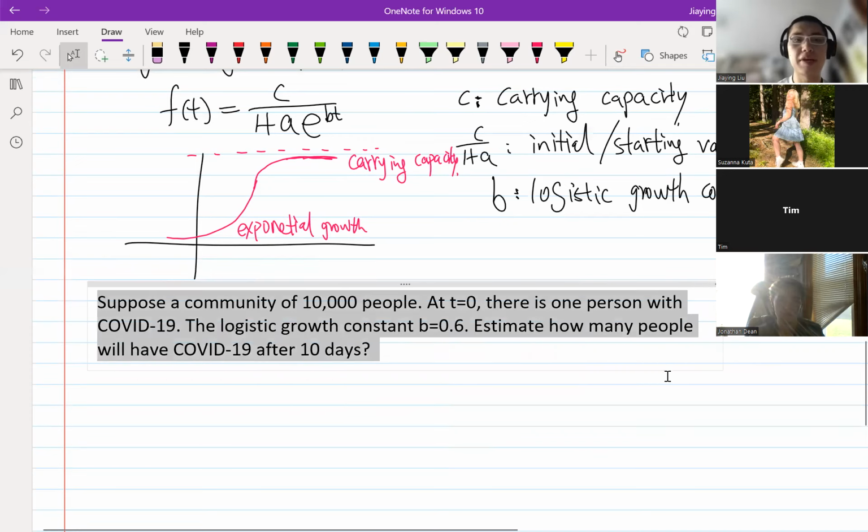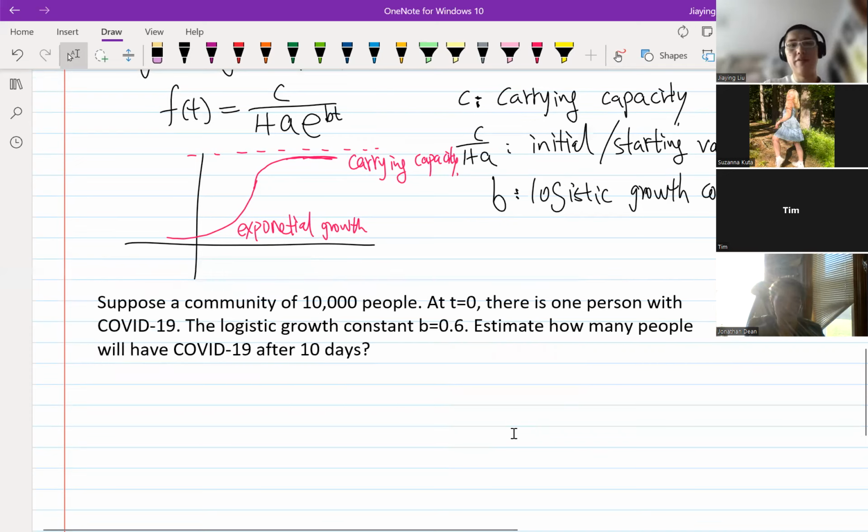All right, so this example says, suppose a community of 10,000 people. At t equals 0, there's one person with COVID-19. And the logistic growth constant B is equal to 0.6. It says, estimate how many people will have COVID-19 after 10 days.